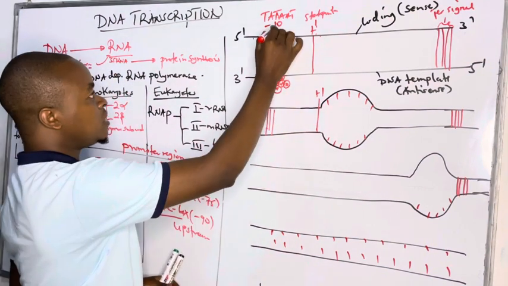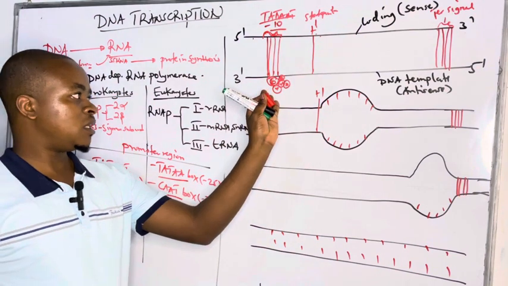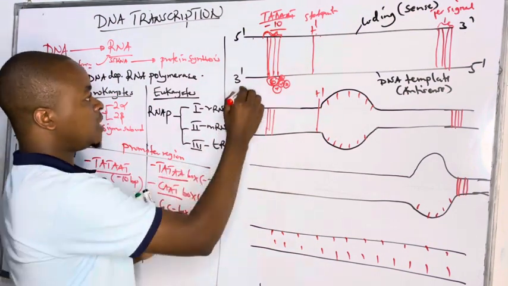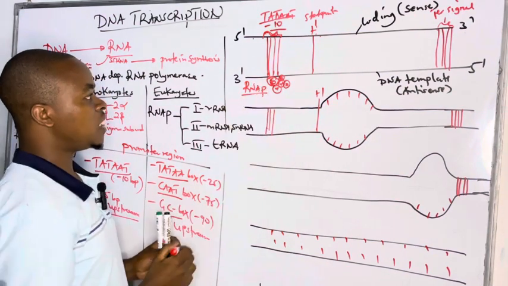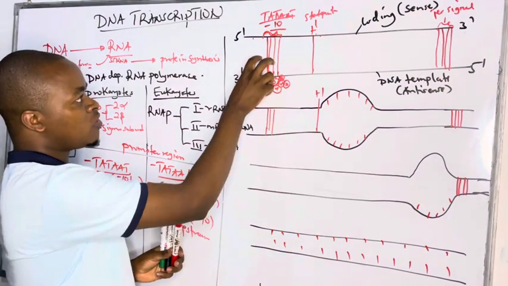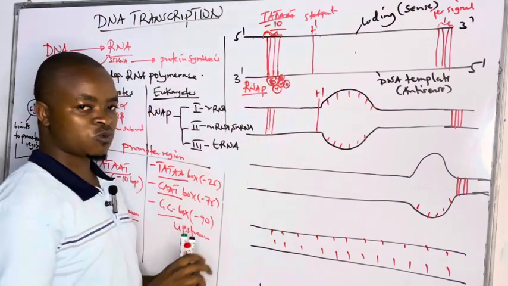So this one, if it is in prokaryotes, we see this promoter region, the RNA polymerase comes and binds. After binding on the promoter region, it begins moving along the template strand.